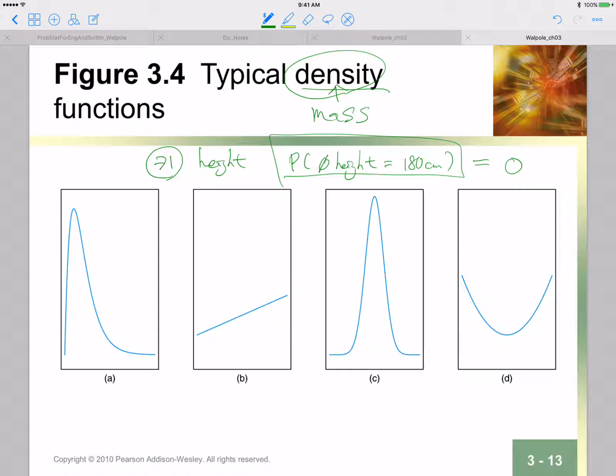So they might be 180.1 and 179.9995 and so on. So that way, it is almost zero probability to find the person that is exactly 180 centimeter tall.